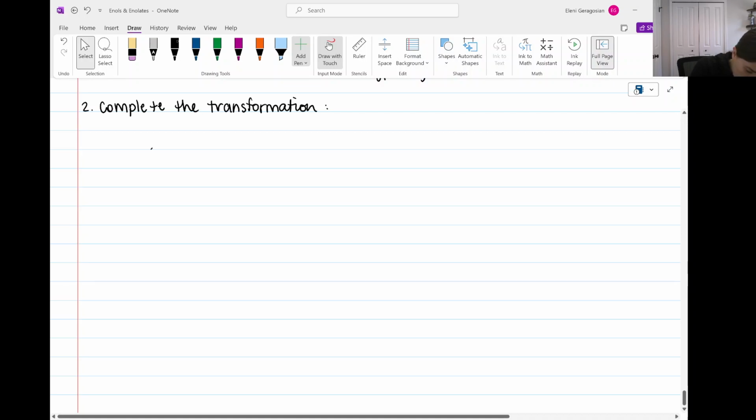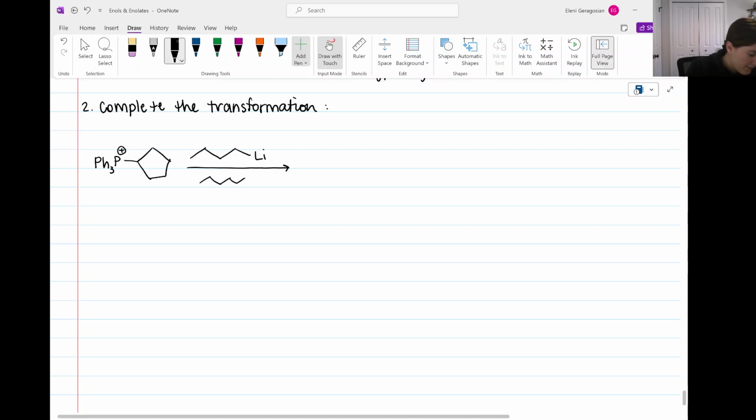So we will start with, let's see, a 5-membered ring bonded to a phosphorus with 3 phenyl rings, and the phosphorus is positive. In the first step, we will be adding butyl lithium in, let's say we're adding it in hexane.